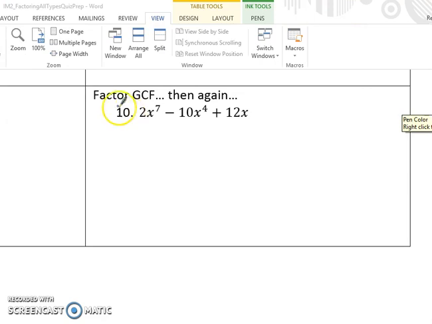So in this one here, we have to factor the greatest common factor and then again. So I'm going to pull out a 2 and an x from each. I see that I have a 2 in each. I also have at least one x in all 3. And I'm going to pull that out.